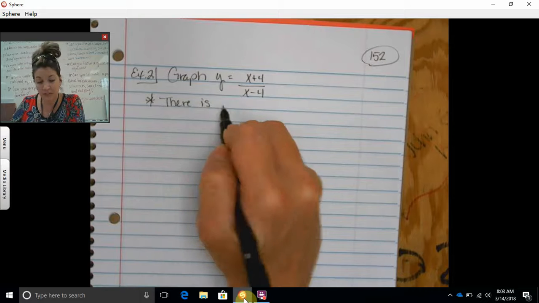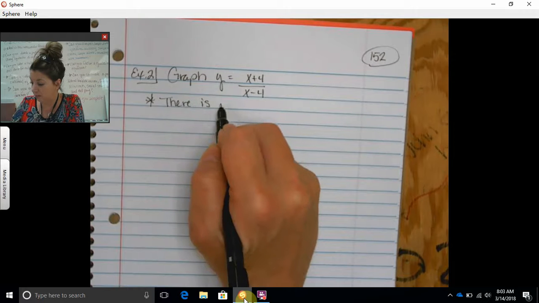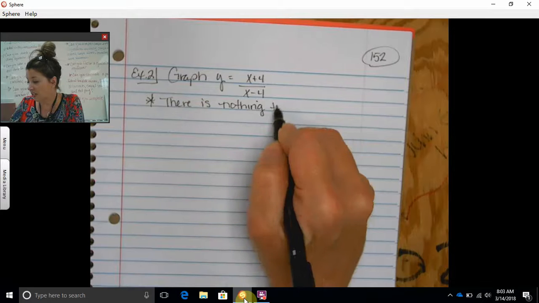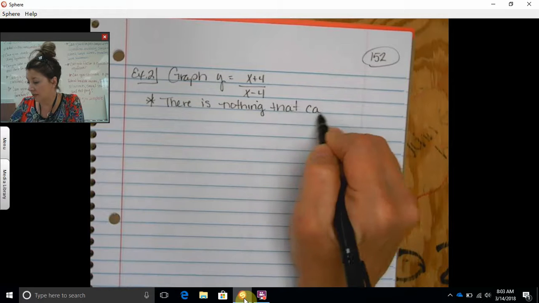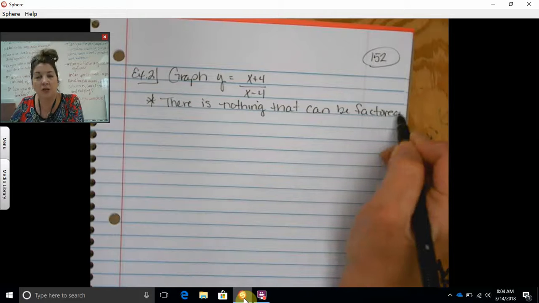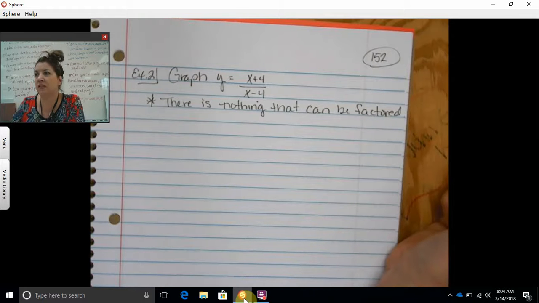I'm just going to make myself a note: there is nothing that can be factored. I go ahead and get that out of the way because when you're finding asymptotes down the road and you want to see if anything cancels, you have to have it factored at that point. So just go ahead and do it now.